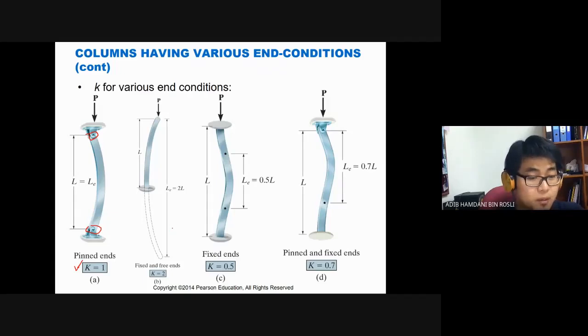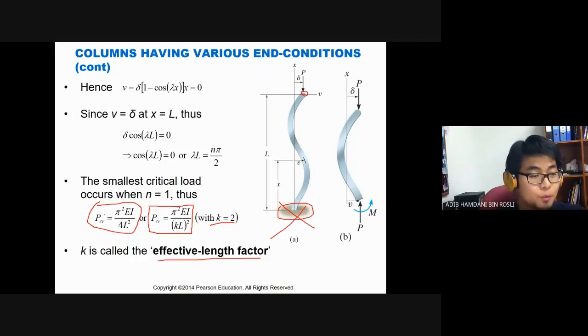For the second one, let's go to the third one first. If it is fixed and fixed like this, and you apply the load, now the K, sorry, let's go to the second one. Mistake. If it is fixed and free, K equals 2. If you put it into the equation, it becomes pi squared EI over 4L squared.